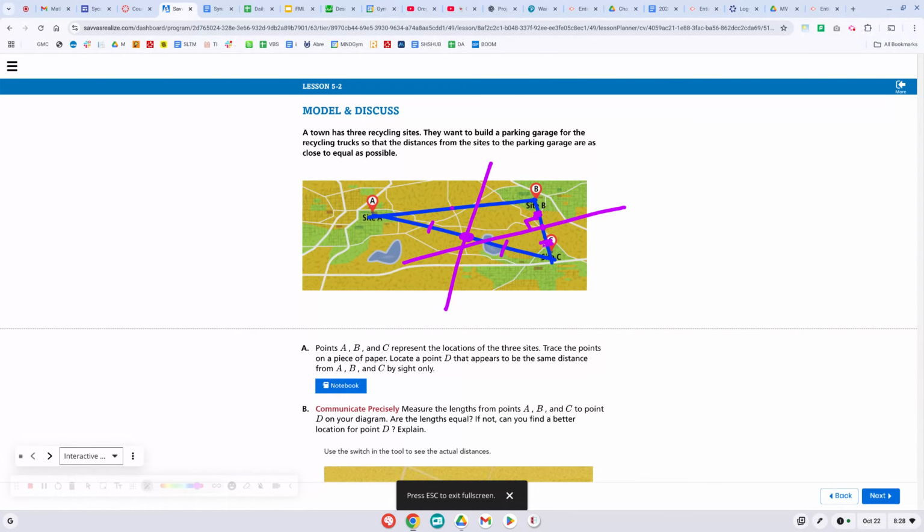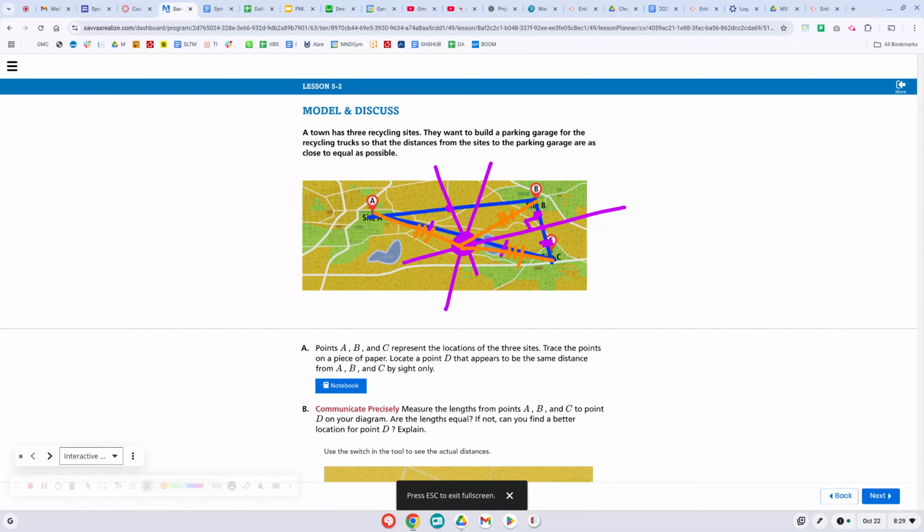There's the midpoint. Yeah, that's pretty good. So this right here, that point, even though it's outside of the triangle, it's the same distance from here to here as it is from there to there, as it is from there to there. Okay, these 3 segments would all be the same.